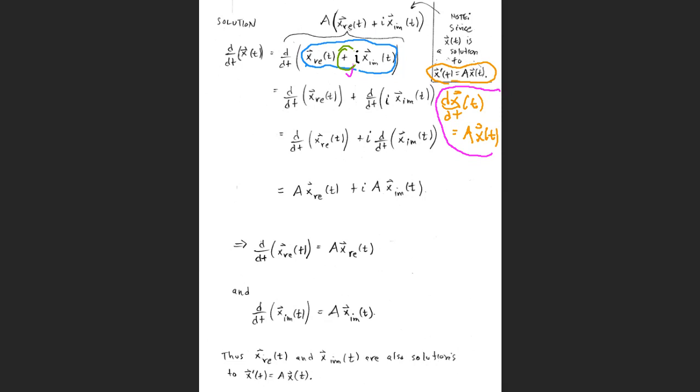The derivative of the sum of two vectors is the sum of the derivatives of those vectors. For the second part, this imaginary i, with respect to t, that's treated like a constant. So we can pull the i out front here.